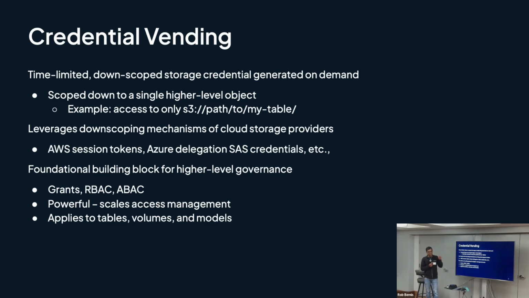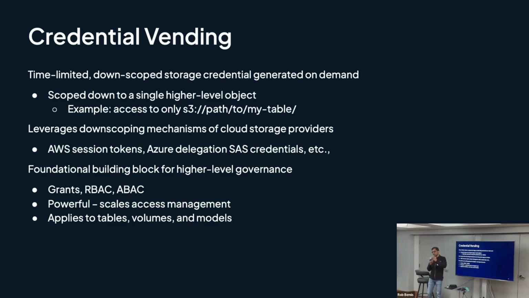What this is, is a time-limited, scoped-down credential that gives access to one object in your catalog. That object could be a table, it could be a model, it could be a set of files, and by doing this, this becomes a building block on top of which you can build other governance, other higher-level access policies. So this leverages the existing downscoping mechanisms that cloud storage providers have.